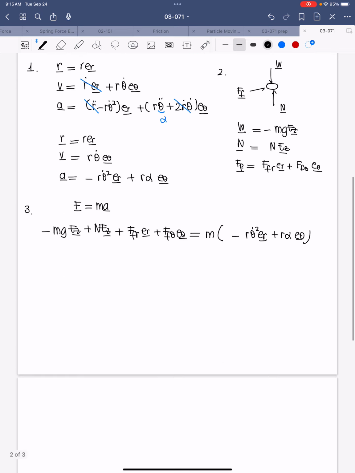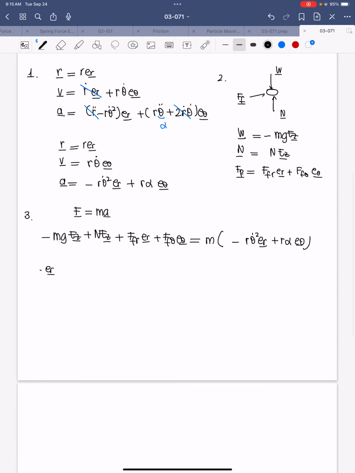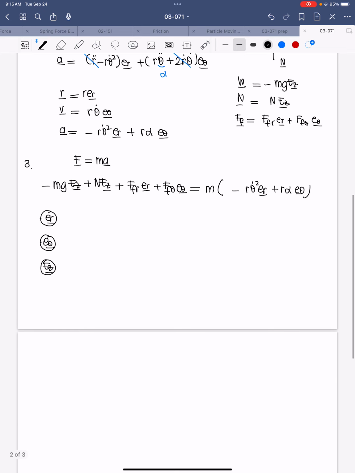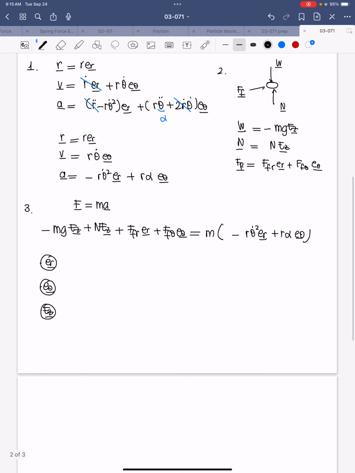So now I can project to get that the ER component of the friction force is minus m r theta dot squared. The E theta component of the friction force is m r alpha, and the normal force is just mg.